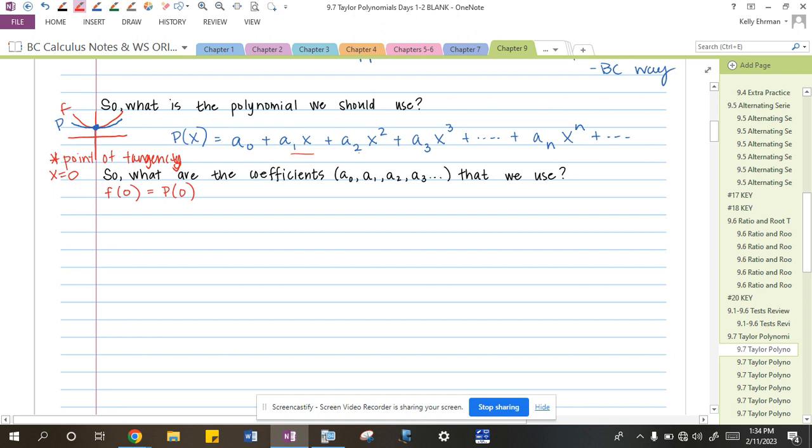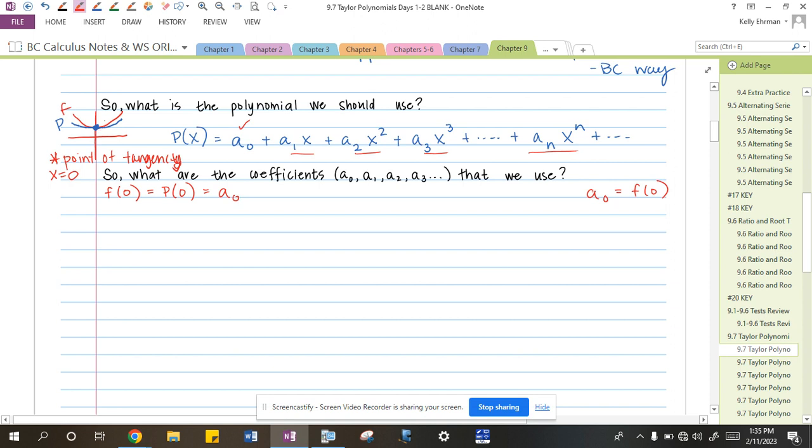If we plug in 0 for all of these x's, all of these terms are going to drop off, and we'll be left with whatever that constant a sub 0 term is. So I'm going to try to develop a pattern. Off to the right, let's say we're trying to come up with a formula for what we're going to put in for a sub 0. Now we know a sub 0 should be whatever f of 0 is. We want that function value to match.